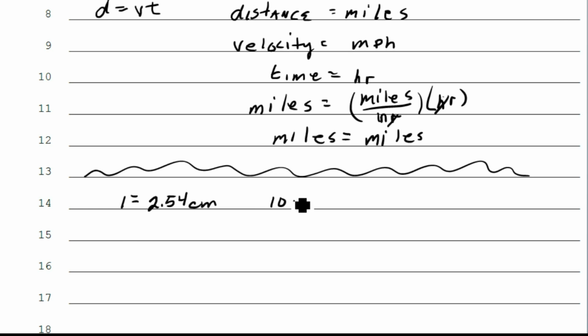You go 10 inches, and then you multiply that by the conversion factor, and you want inches to cancel out, so you put the inches on the bottom. 1 inch equals 2.54 centimeters. Inches cancel out, and 10 times 2.54 is 25.4 centimeters.